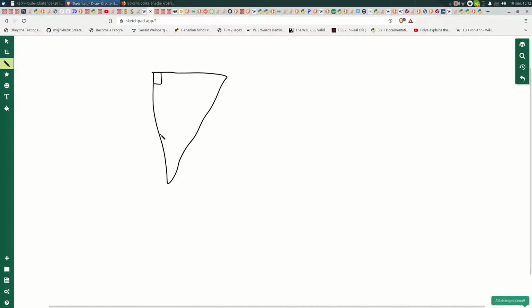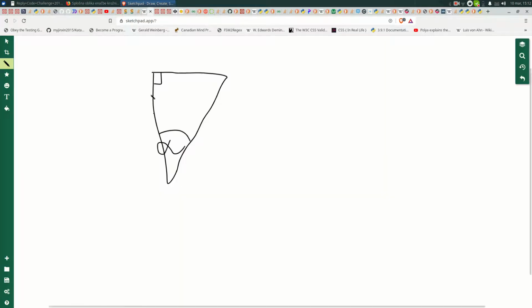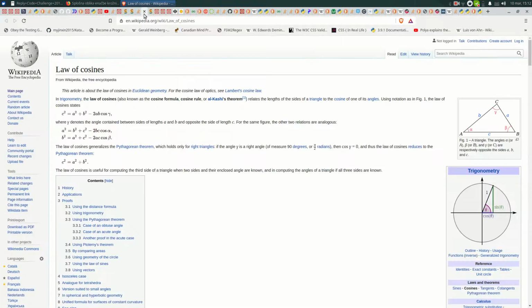We're interested in this angle, which we'll call alpha. And in our little equation over here, we got x is a, b is that, and that is c, and the law of cosines says: we're interested in cosine a.